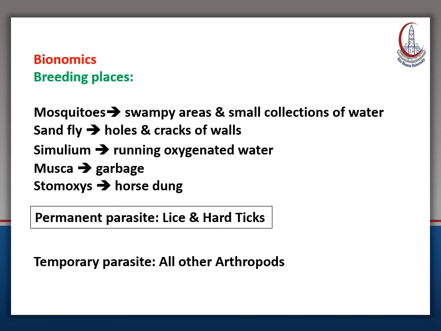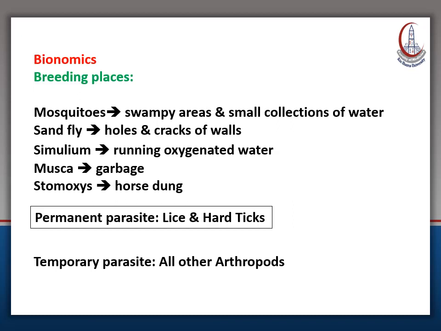For example, mosquitoes need water, so they breed in swampy areas or small collections of water. Sandflies need holes and cracks in the walls. Simulium needs running oxygenated water, so they breed near rivers. The musca, which is the ordinary fly which we meet in our everyday life, breeds in garbage. Stomoxys, another fly, breeds in horse stables on horse dung.